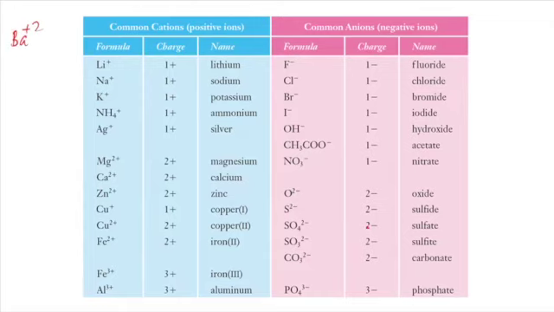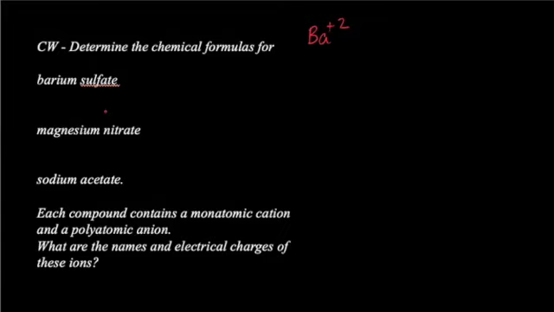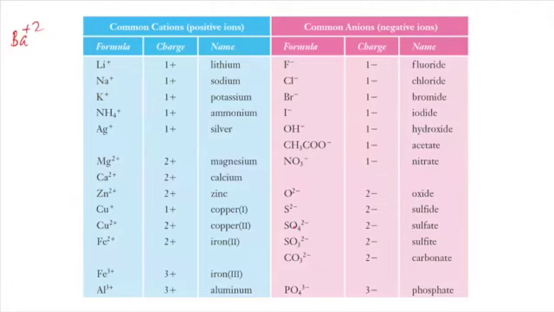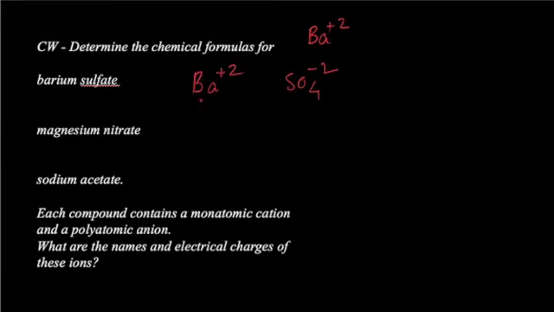Sulfate is how much? SO4 2-. So what would barium sulfate look like? Barium is Ba+2, right? And sulfate is SO4 2 minus, correct? So how many we combine? 1 1. What will be the formula here then? BaSO4.